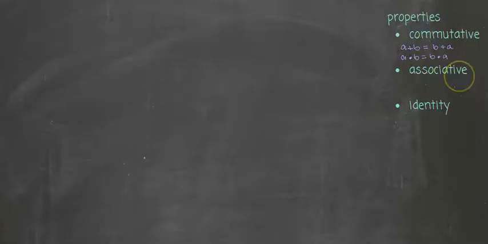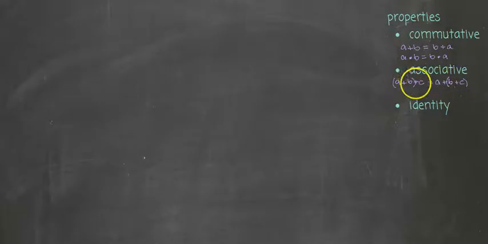Okay, the associative property, what does it say? Well, it says that if you have more than two things that are being added together, the order of operations, you know, tells you to add A plus B together first and then add C. But the associative property says that you have a little bit more freedom than that. If you have three things added together, you can choose to add B plus C together first and then add A to them.